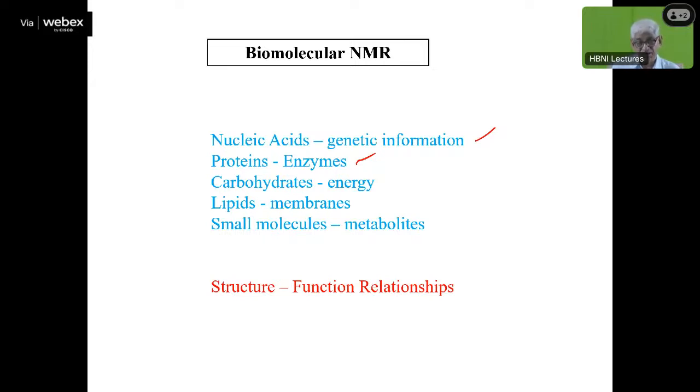Carbohydrates are the energy source. The food we eat gets digested, and the energy comes from digestion of the carbohydrates. Proteins are functional elements. Carbohydrates are the energy source. The lipids constitute the so-called membranes. The membranes are the envelope of the cell.